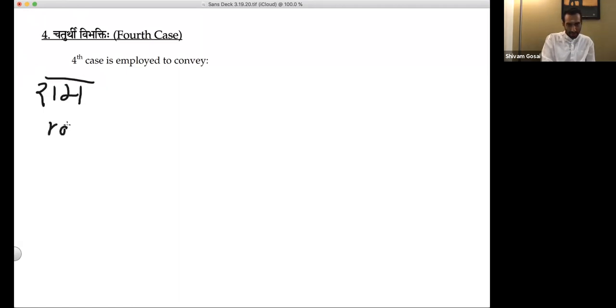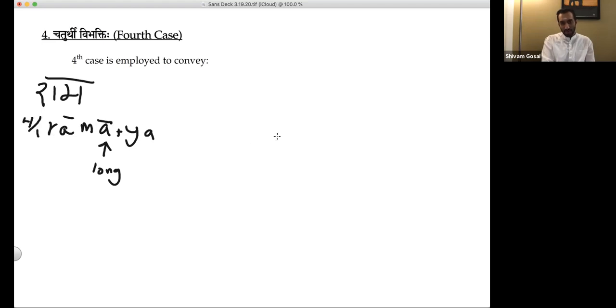If we do it in transliteration, it'll look like this. This akara is elongated, made long, so it becomes Rama, and we add ya. So Ramaya. That's 4-1.